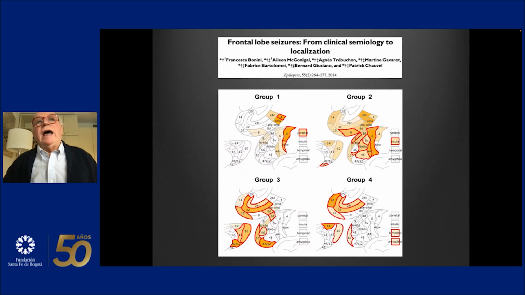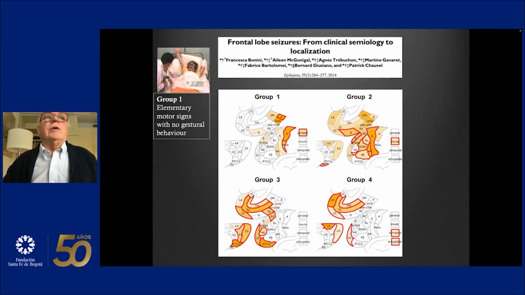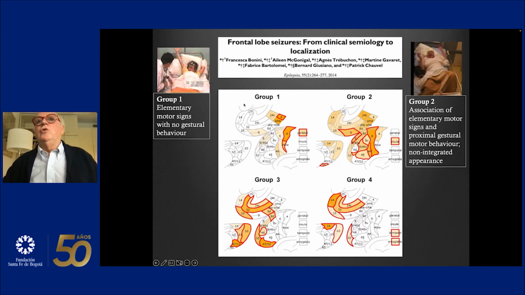And so doing that, we could obtain these subcategorizations, where here you have in red the onset, and here the possible pathways of propagation. Group 1 has more elementary motor signs, with no gestural behavior. Group 2 is the more intermediate, area 6 plus more anterior, an association of elementary motor signs and proximal gestural behavior.